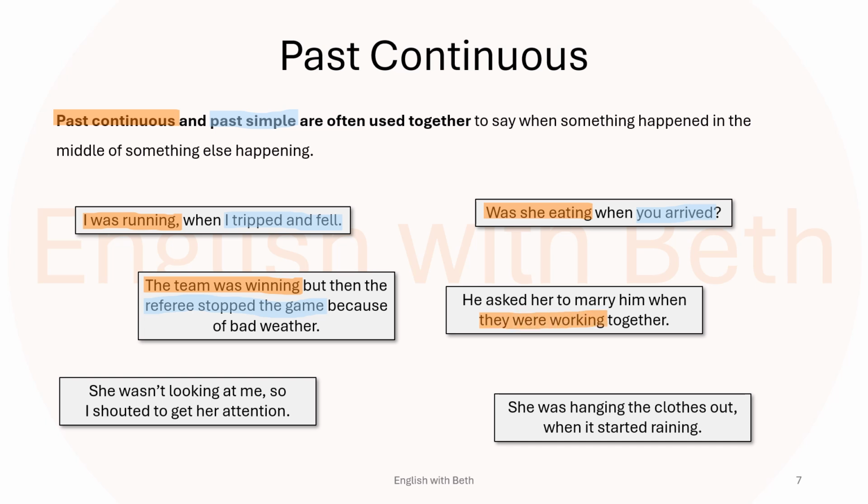They were working together, and while they were working together, he asked her to marry him. She wasn't looking, past continuous, and while she wasn't looking, I shouted to get her attention. She was hanging the clothes out, and while she was doing that, it started raining.